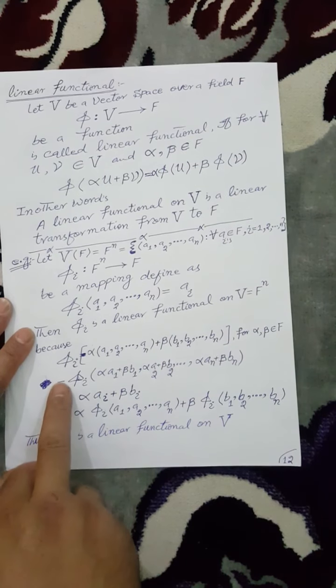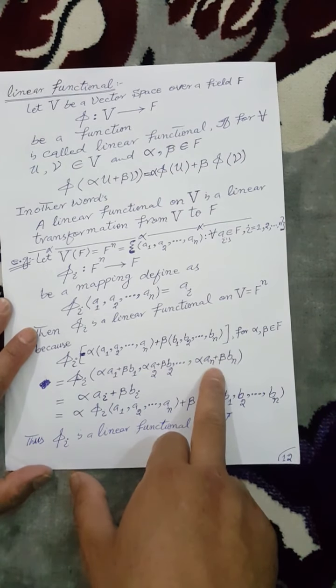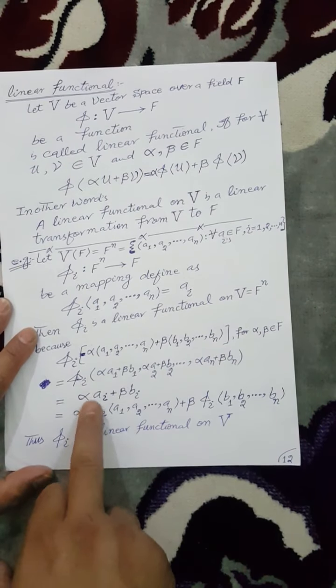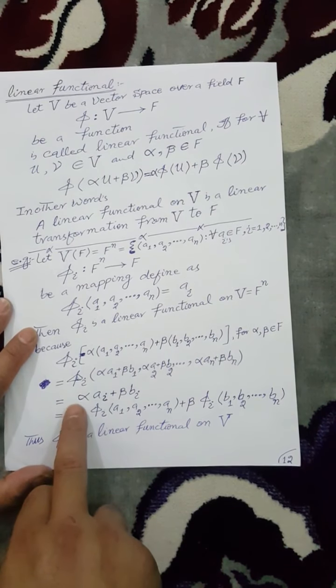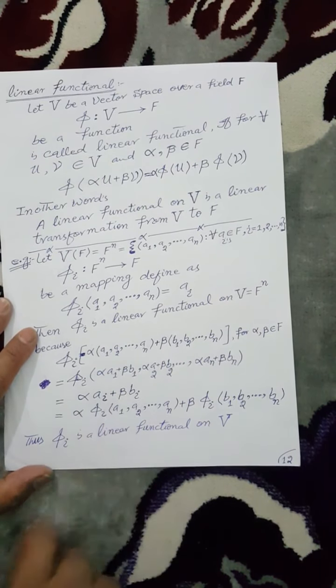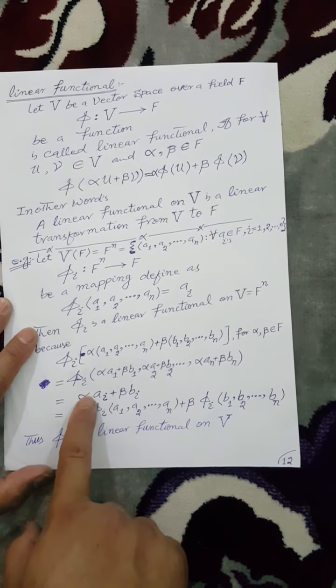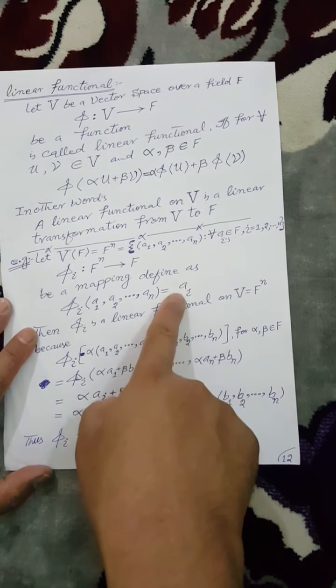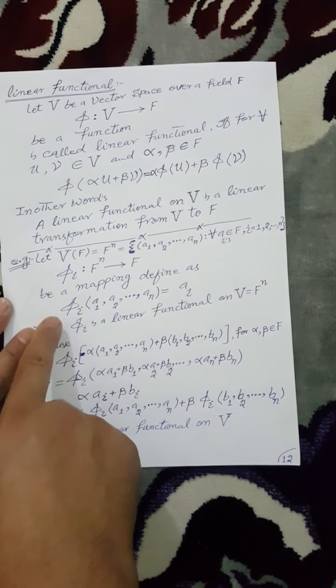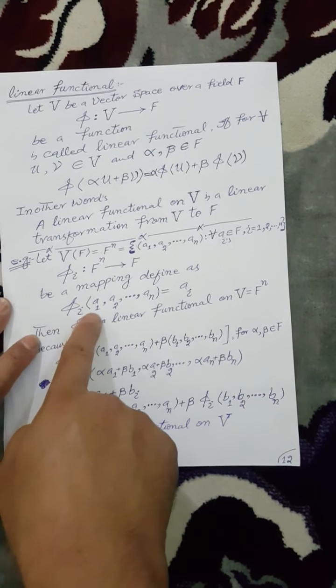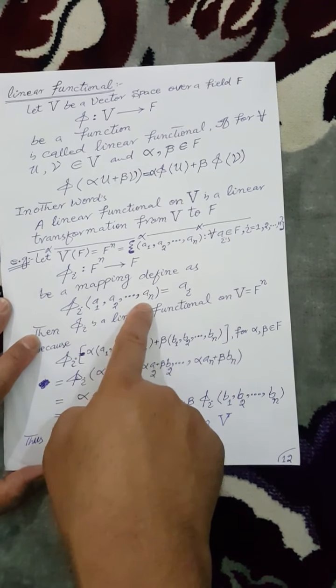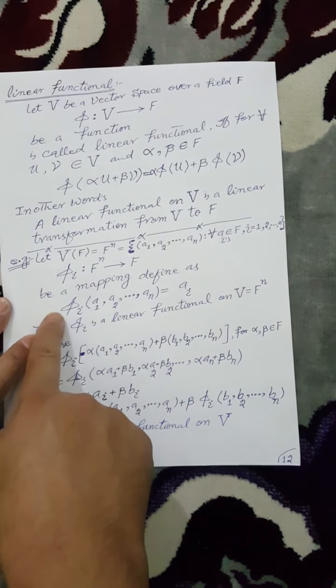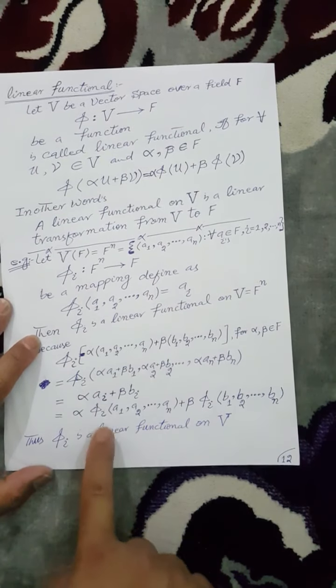When we apply pi_i on this resultant vector, it gives the ith component, which is equal to alpha ai plus beta bi. The ith component ai is also obtained from the vector a1, a2, up to an when we apply the function pi_i on this vector.